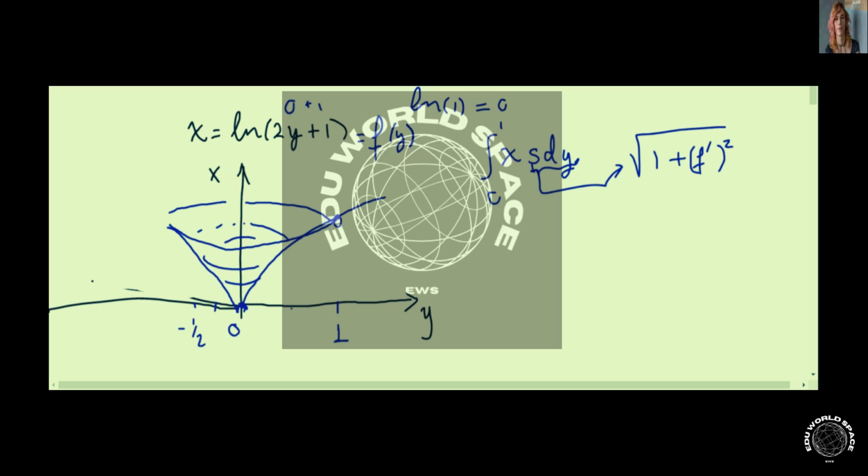So f prime, the derivative, is 1 over 2y plus 1, and then by the inner derivative times 2, so f prime squared is equal to 2 squared over 2y plus 1 squared.